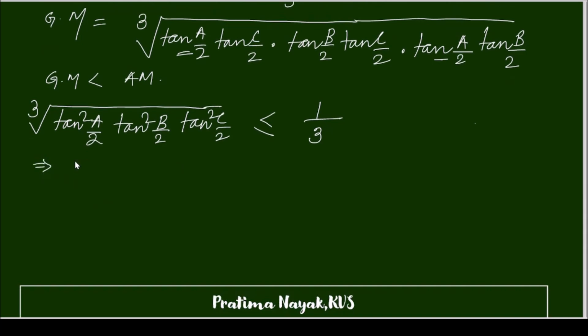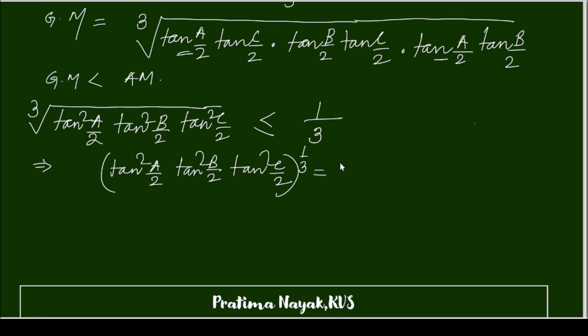Or tan squared A by 2 tan squared B by 2 tan squared C by 2 is less than or equal to 1 by 3 to the power 1 by 3.